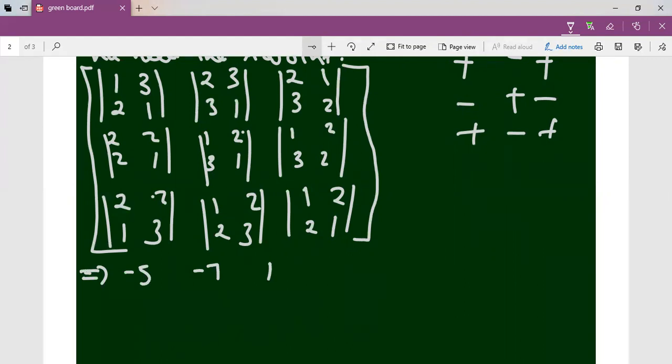For the second one here, it will be 2 minus 4, -2. 1 minus 6, -5. All right, you have a -5. Then 2 minus 6, -4. Then here, the last one, it is 6 minus 2 is 4. Then 3 minus 4 is -1. Then 1 minus 4 is -3. This is what we have.